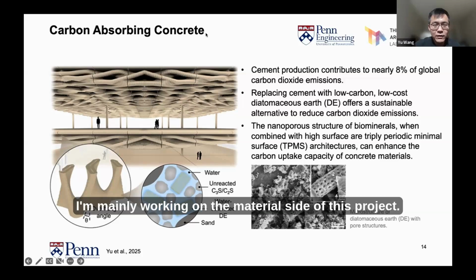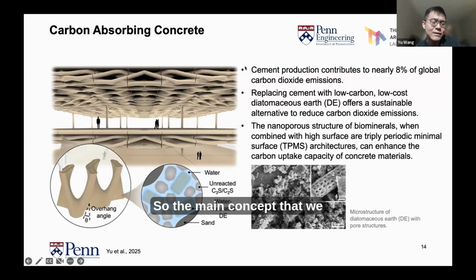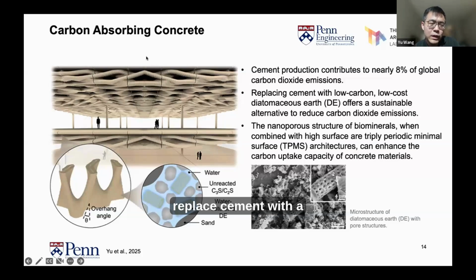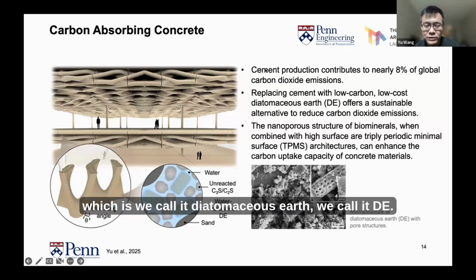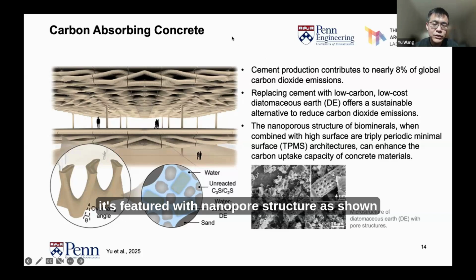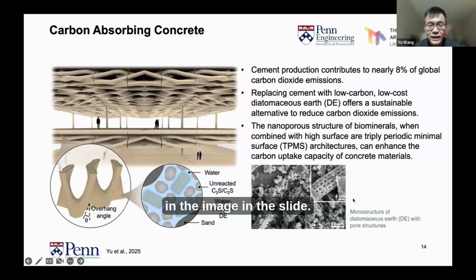So I'm mainly working on the material side of this project. The main concept that we are trying to work on is to replace cement with a low carbon, low cost sustainable material, which we call diatomaceous earth, or DE. This material is not only low carbon and low cost, it is also featured with a nanopore structure, as shown in the image in the slide.